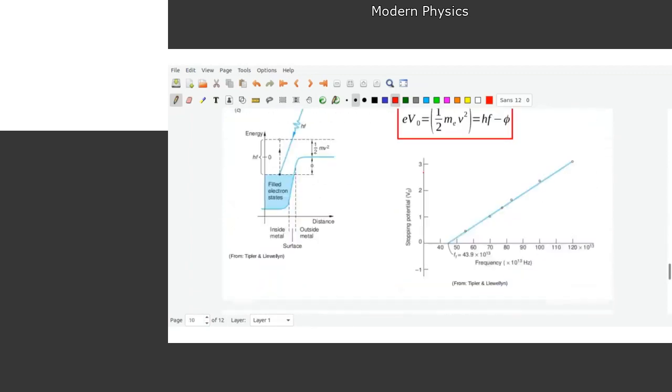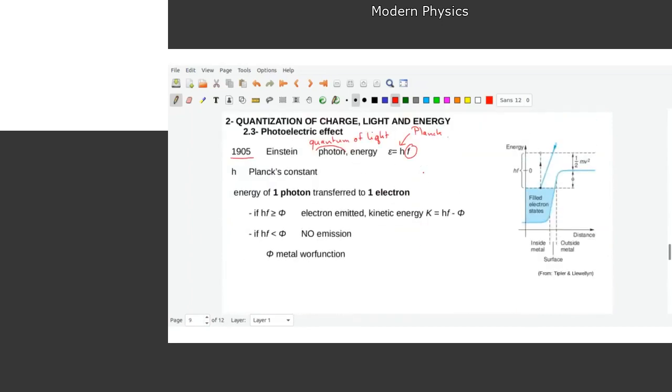So one photon transfers its energy to one electron.